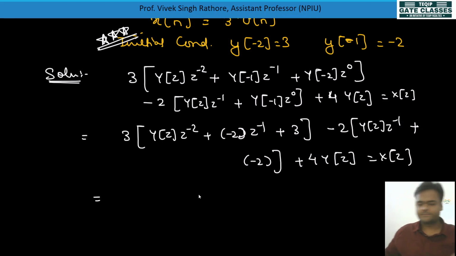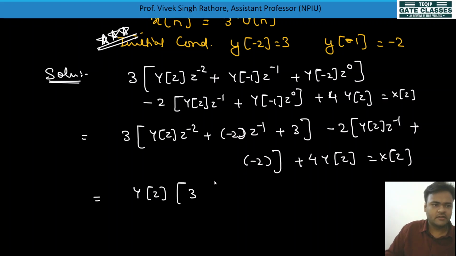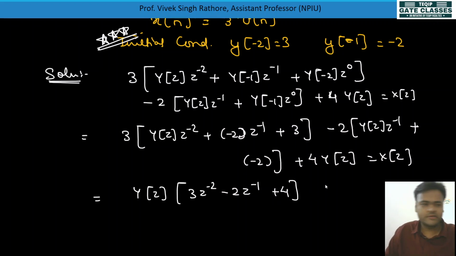So see, this you can easily classify. We can take y of z common, so we get 3 z to the power minus 2, and here minus 2 z to the power minus 1 also we got, plus 4 also we got, this is y of z. And from the initial conditions we get minus 6 z inverse, plus 3 times 3 is 9, minus 2 and minus 2, plus 4, okay, is equal to x of z.